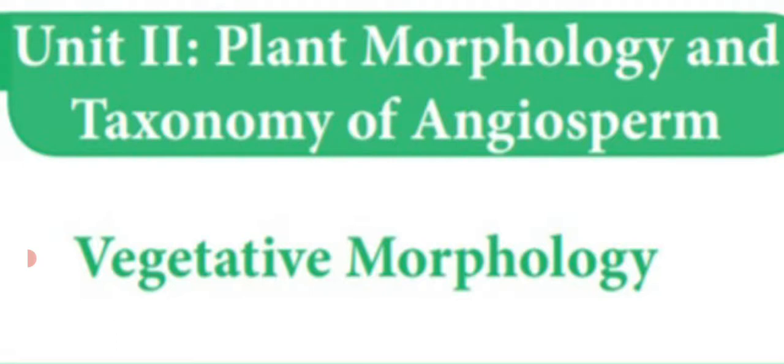Dear students, in the previous video class, we have seen the root system, characters of the root system, primary and secondary functions of the root system, and root modification, that is taproot modification and adventitious root modification.